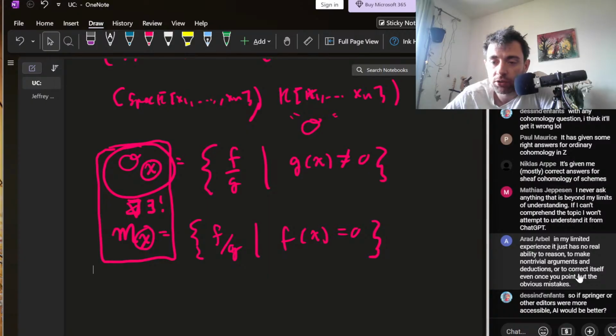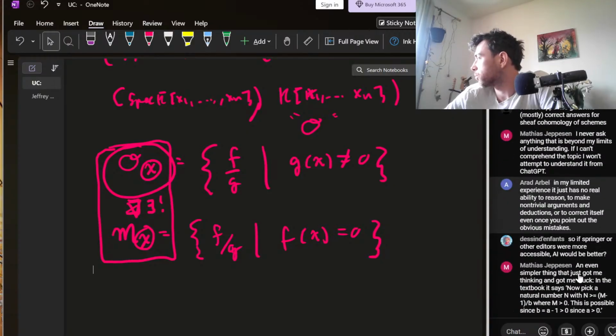If Springer or other editors were more accessible, AI would be better. I don't know. Maybe. This could be misinformation, so maybe I should stop repeating it, at least until I do some research and find out where this has been said somewhere else.